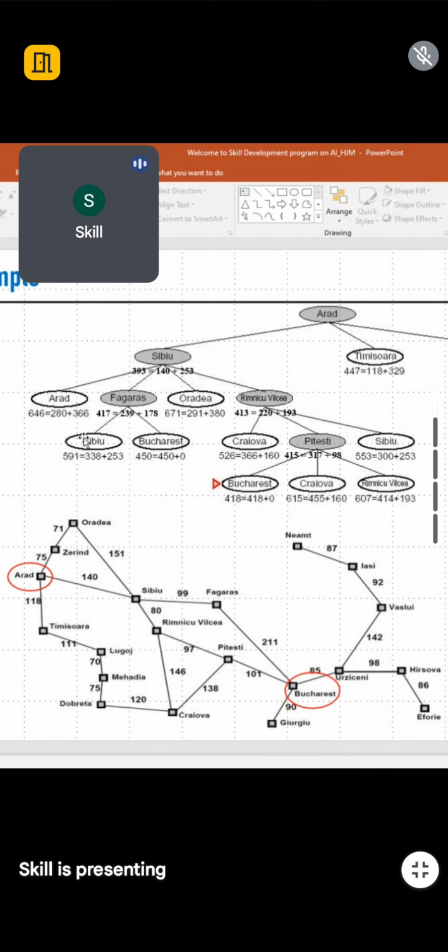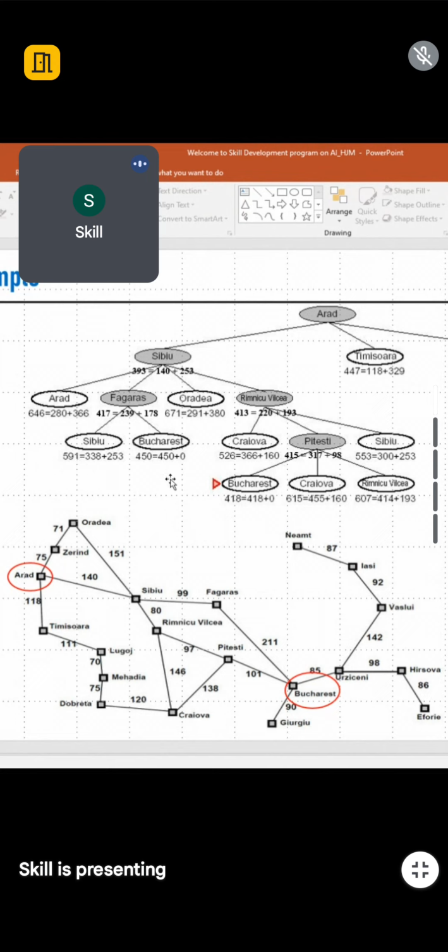Now we will see what value we can find to get the value of Fn for Bucharest. So we will consider again here Fagaras: Sibiu and Bucharest. These are the adjacent places of Fagaras. So we will use a similar way to find out the value of Fn. We will get 591 for Sibiu and Bucharest will get 450.